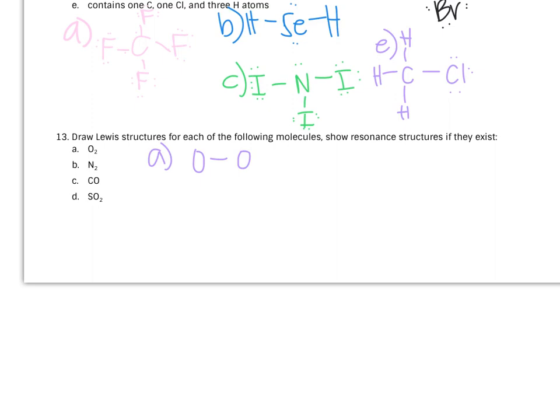So if you start off with 6 valence electrons and contribute just 1 to this bond, then you have 5. So let's draw those in. 1, 2, 3, 4, 5. 1, 2, 3, 4, 5. Not everyone is happy, so those 2 electrons, excuse me, are going to come in to form a double bond, and then those will kind of adjust. Okay?